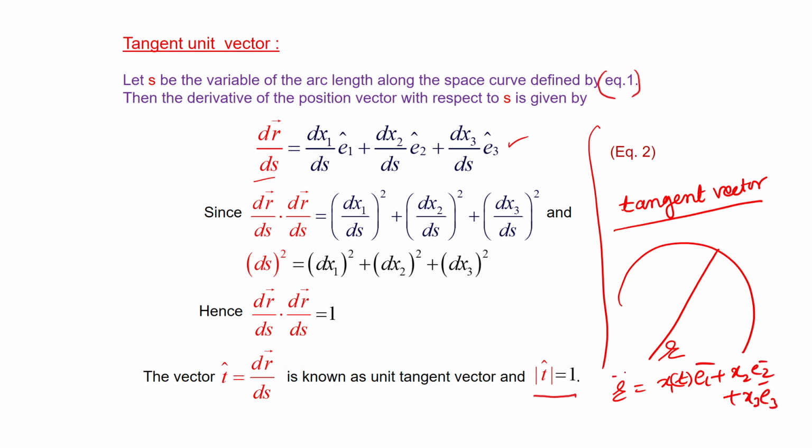You put in the position vector and find dr by ds, with respect to s, which is basically our curve parameter.